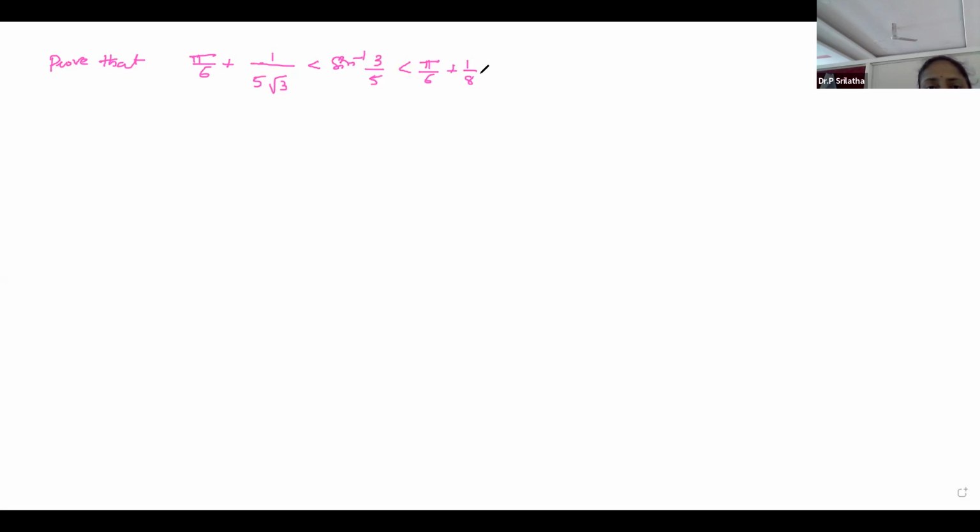Okay, it satisfies all the conditions. First you need to find the main equation. After that you have to identify B value and A value. Before that, tell me, what is our function? Anyone?